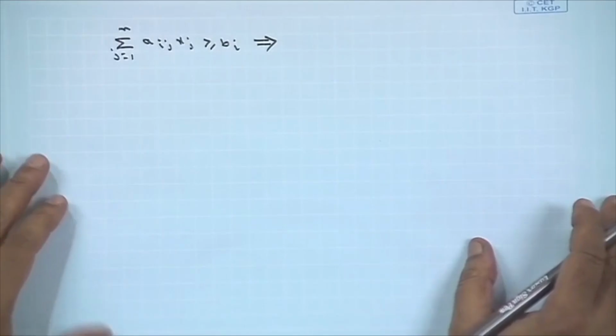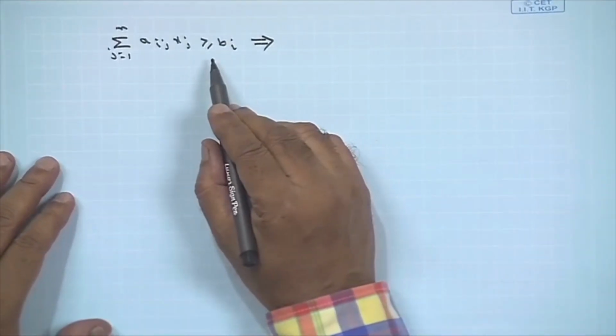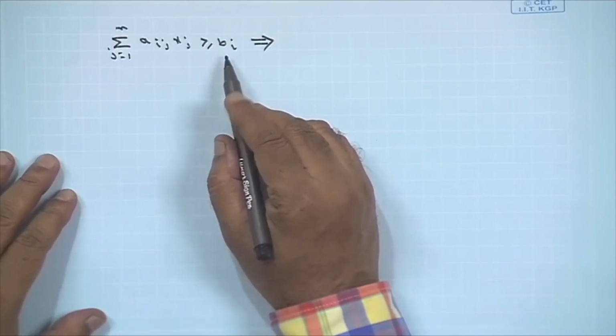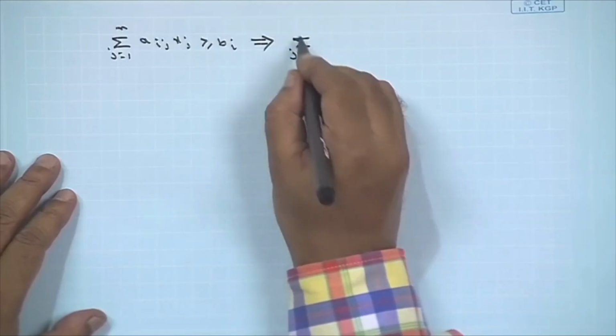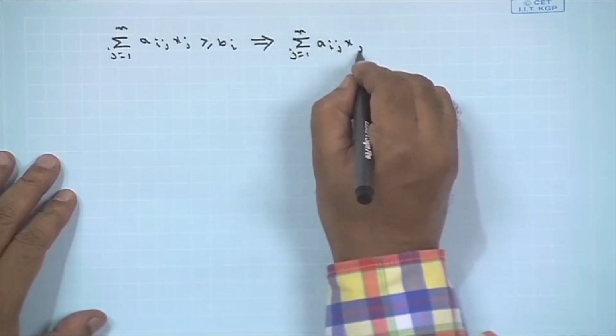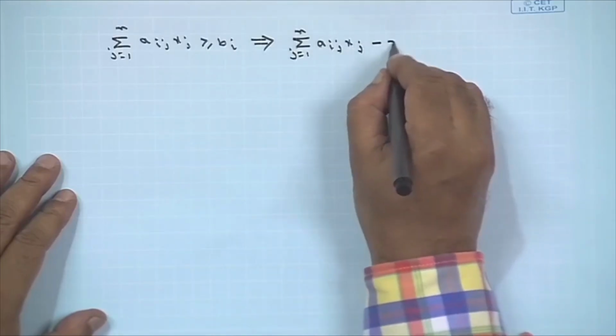We will discuss this later, but if we try to convert this inequality into equality format, we can write summation j equals 1 to n aij xj, and since it is greater than or equal to, I have to subtract some variable.